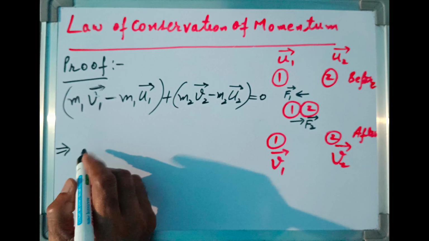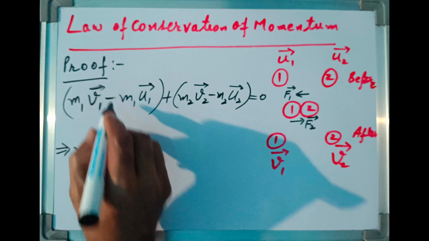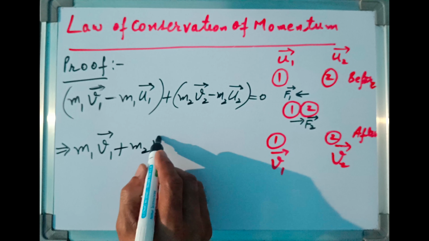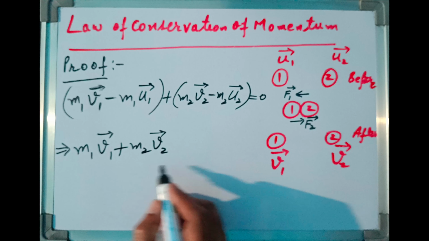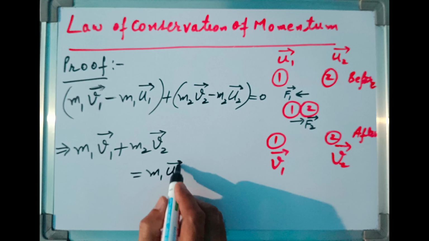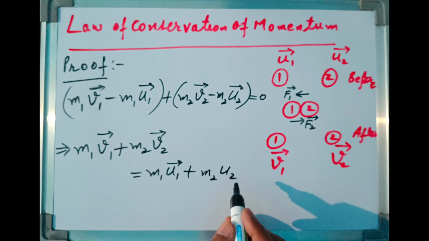After simplification, I can write m1 v1 vector plus m2 v2 vector is equal to m1 u1 vector plus m2 u2 vector.